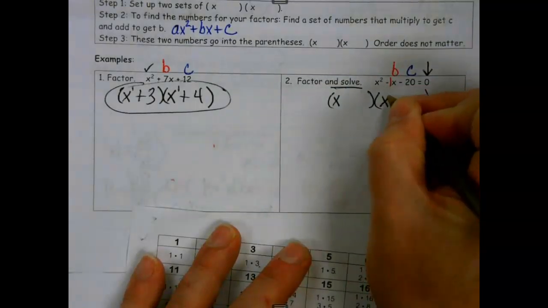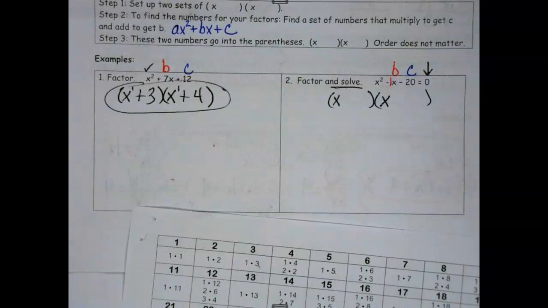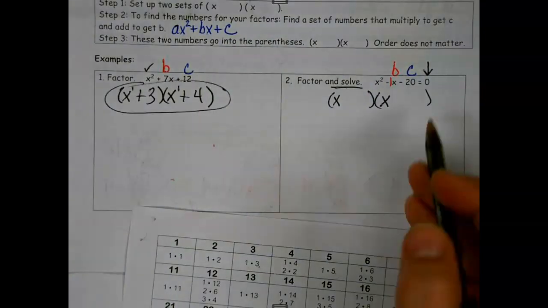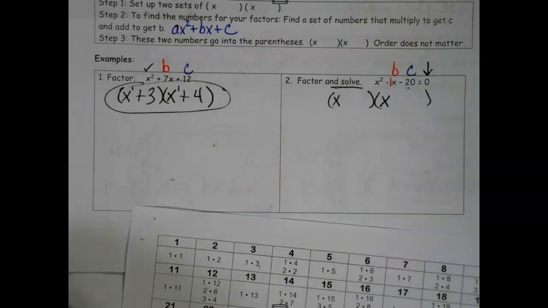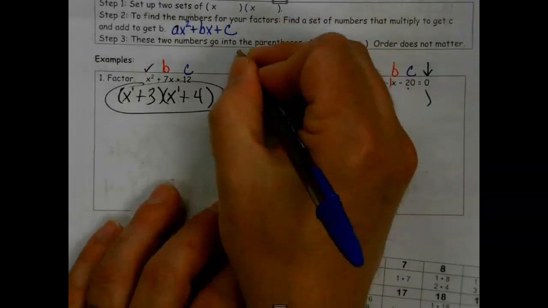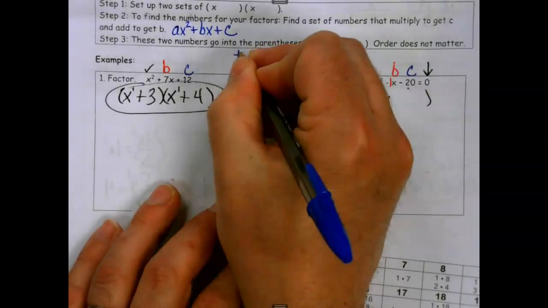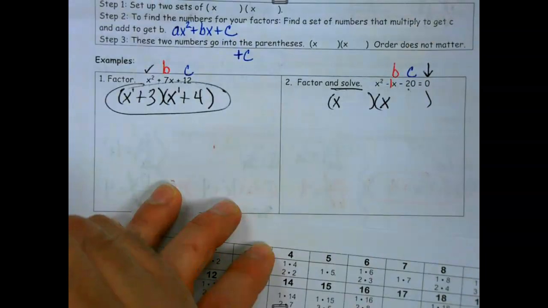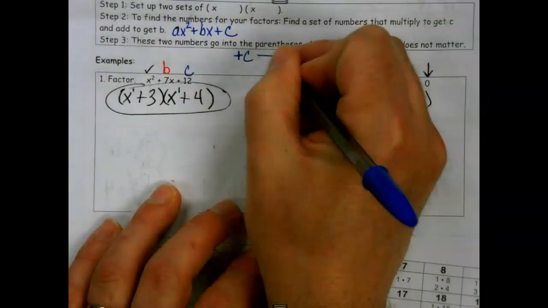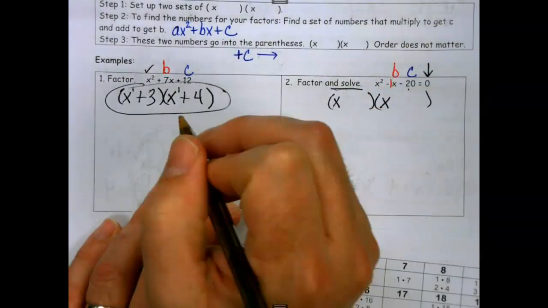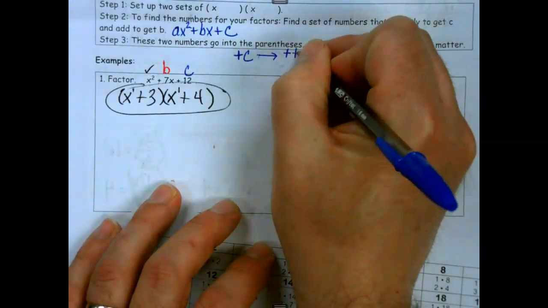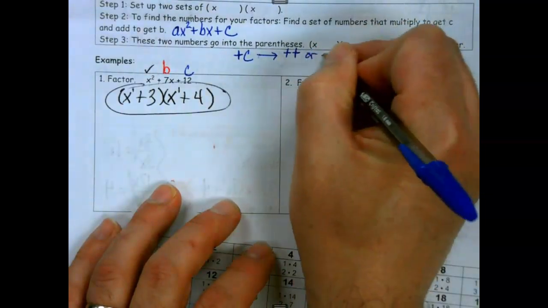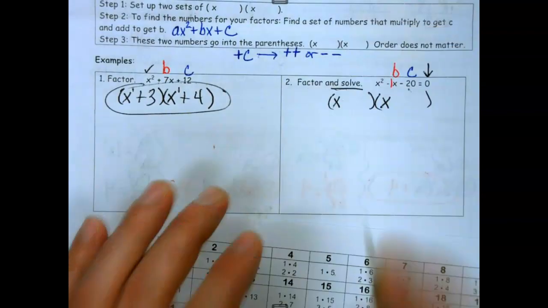Now this is a little more interesting. And here's why. When the C value is negative, okay, let's actually do this. If you have a positive C value, your signs are going to be both plus, or they're both going to be minus.